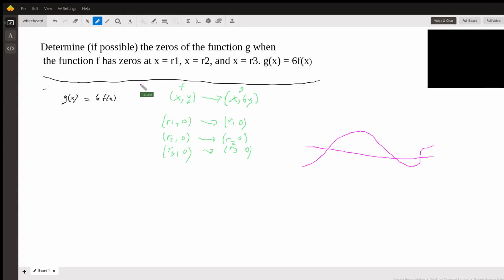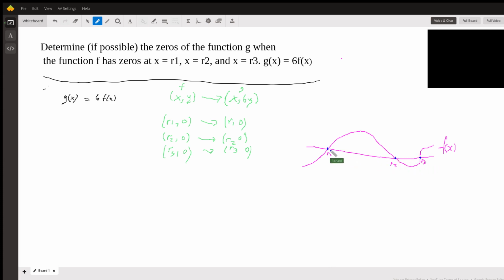Okay, so if that's f, so that's f of x, and this would be r1, r2, r3 here. Then g of x is going to go through these same zeros here.